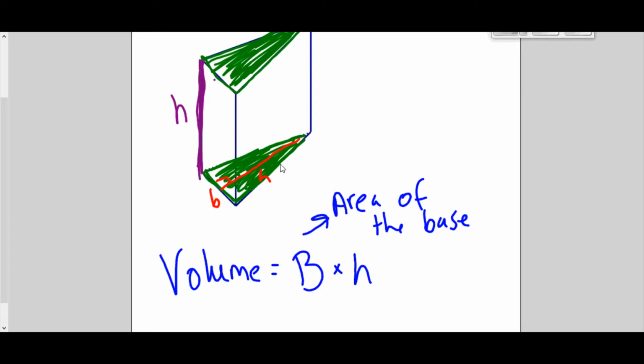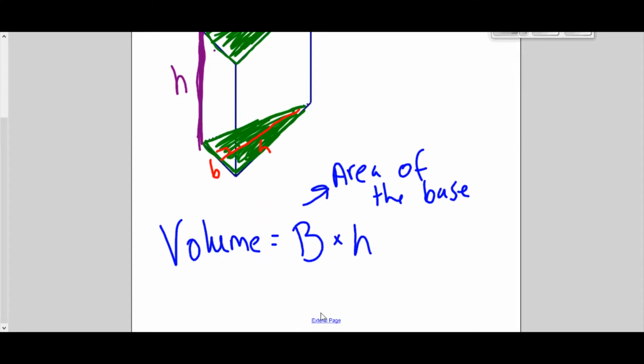So in this case, it's the triangle. So the area of a triangle is 1/2 base times height. And then we're going to multiply this by the big height, so the height that's in between the bases.